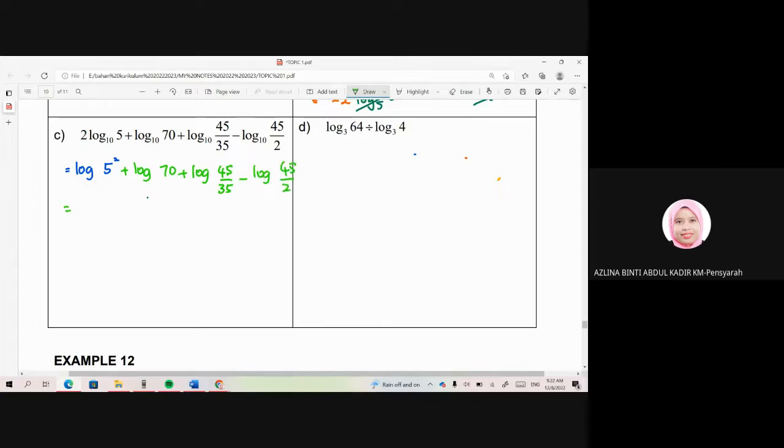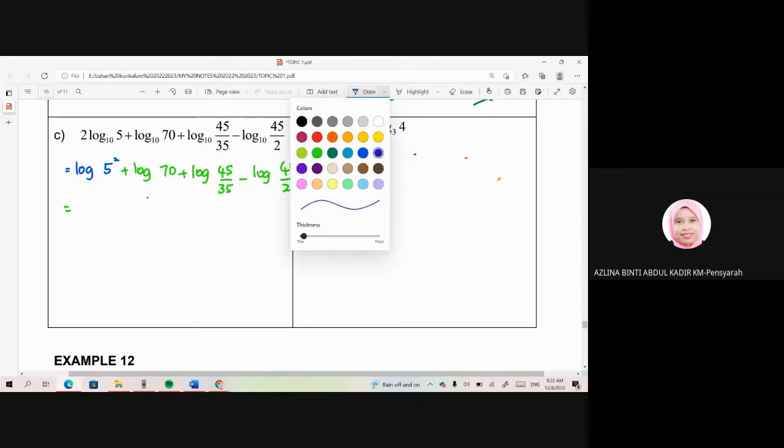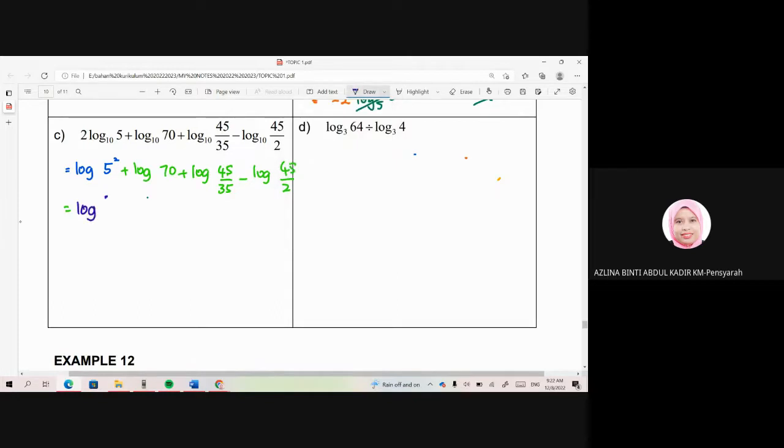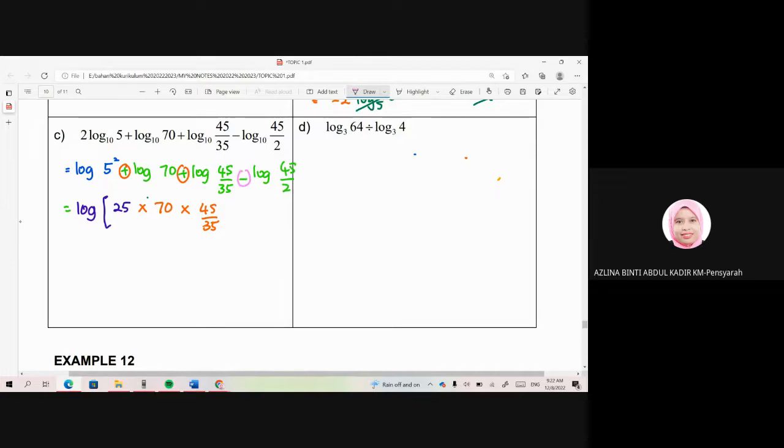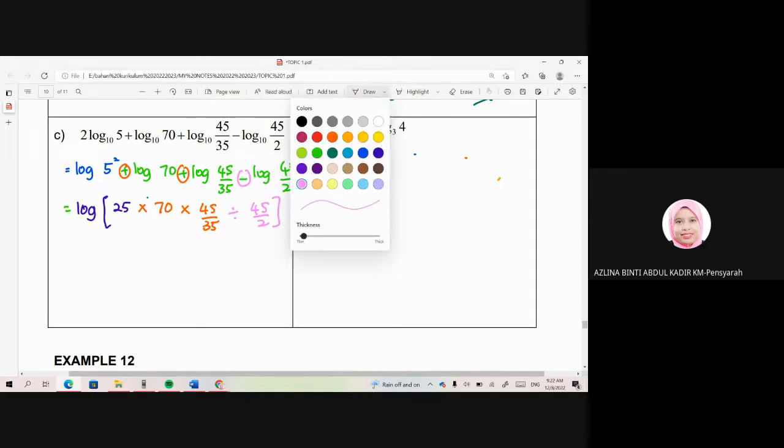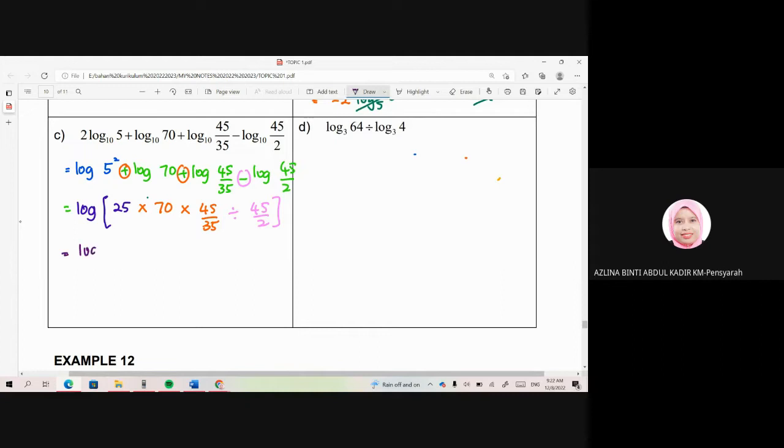Then we apply the laws of logarithms. Log 5 squared is 25, times 70 because of the plus, times 45 over 35, and then the minus means divide, so divide by 45 over 2. Then you simplify.